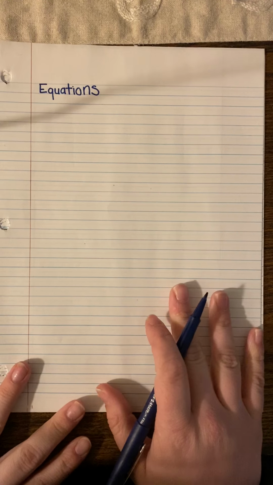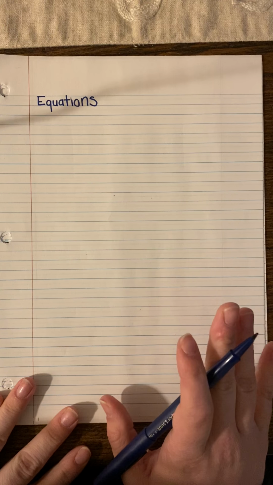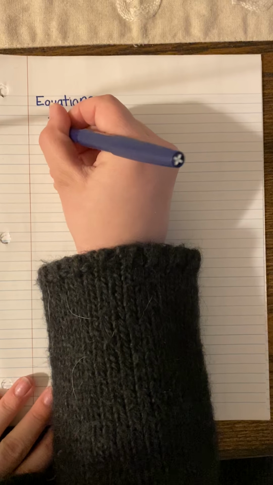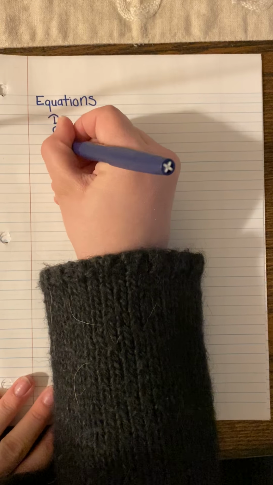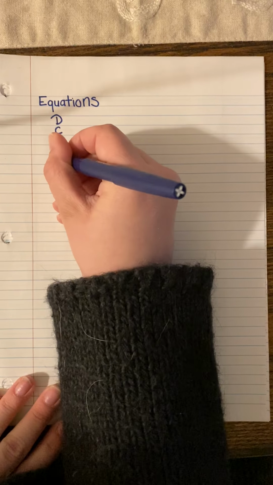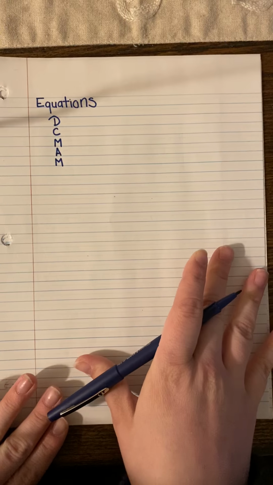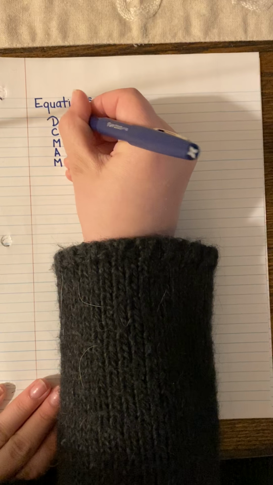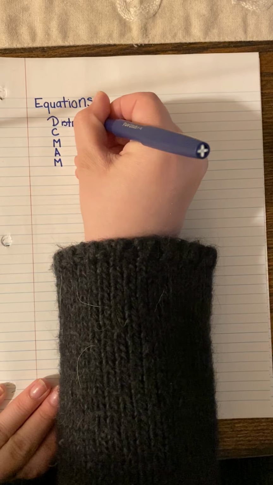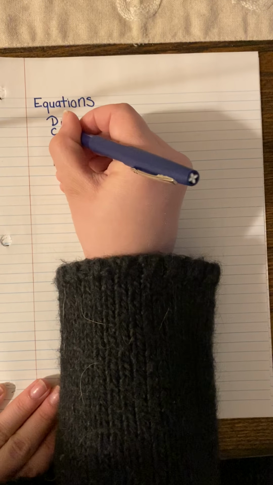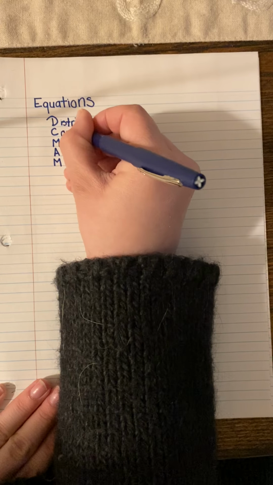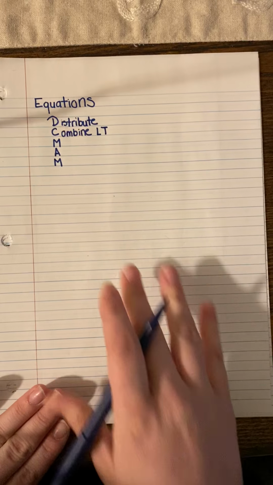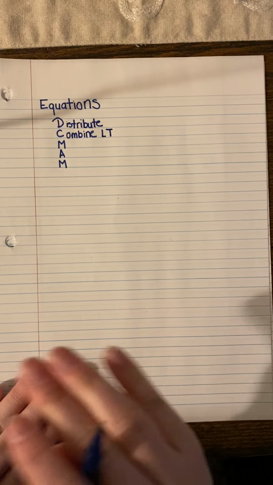So, how we go about solving equations, I liked this little mnemonic I learned last year, is "don't call me after midnight," okay? And the D stands for distribute. The C stands for combine like terms. I'm just going to put an LT so I don't have to write it out. You know, mathematicians, they can be lazy.